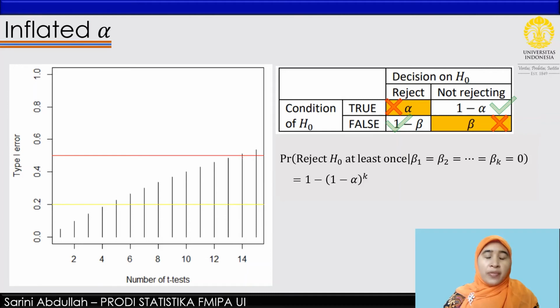Let's say we have 14 predictors, and then in the first step of the stepwise procedure, we do 14 separate t-tests, and in that case, the type 1 error is no longer 0.05, it's inflated up to more than 50%.